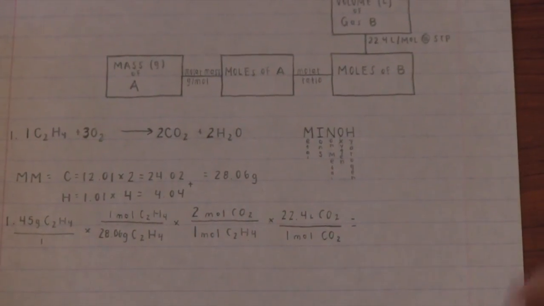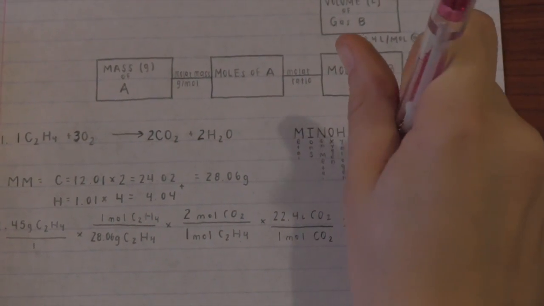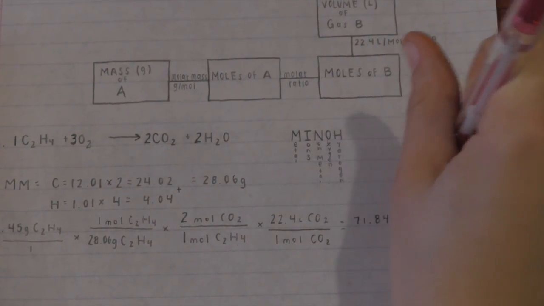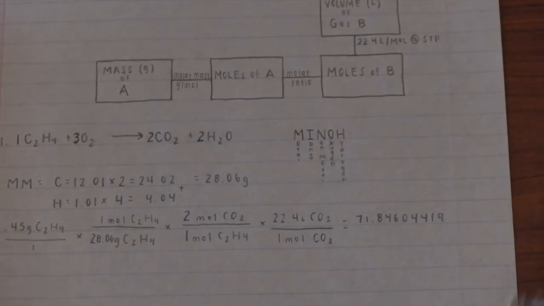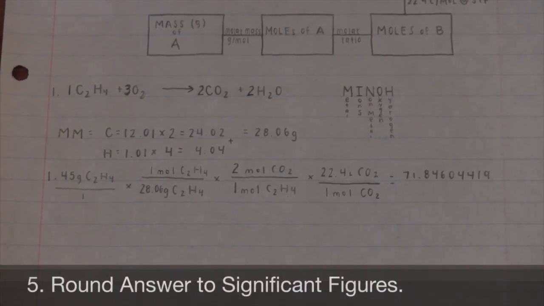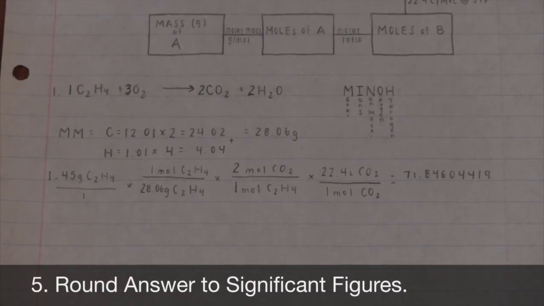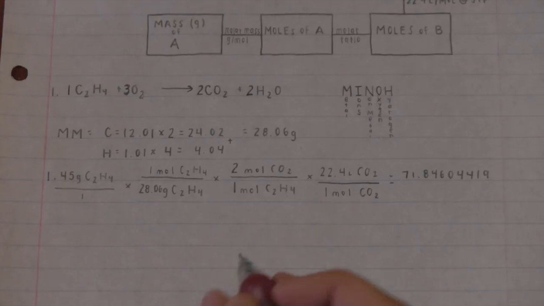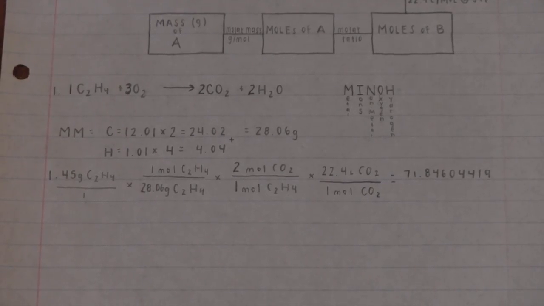The answer it gives you is 71.84604419. However, this is not your answer because you must round to the appropriate number of significant figures. When calculating your significant figures, you always want to round to the least number that occurs in your problem.